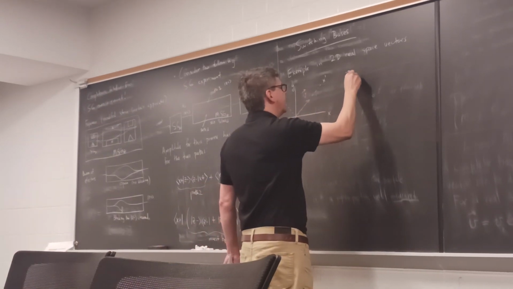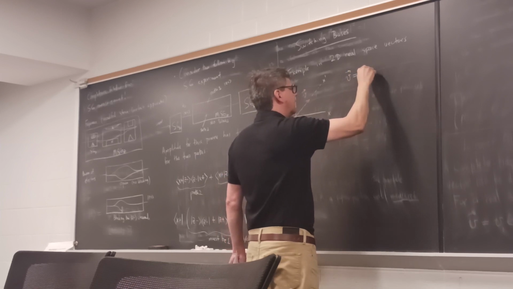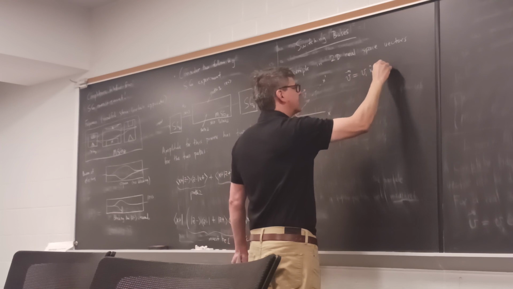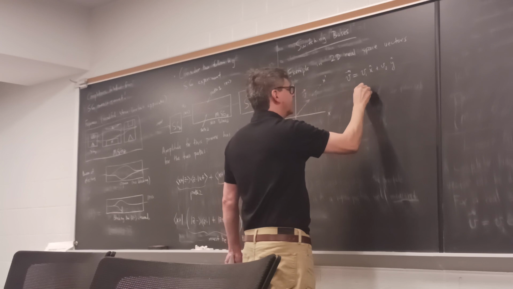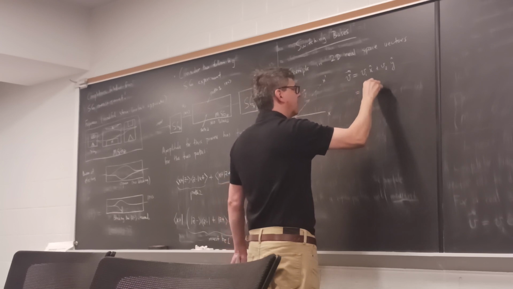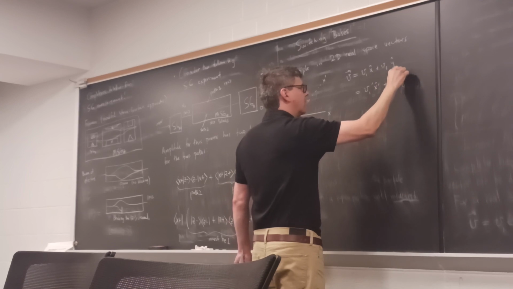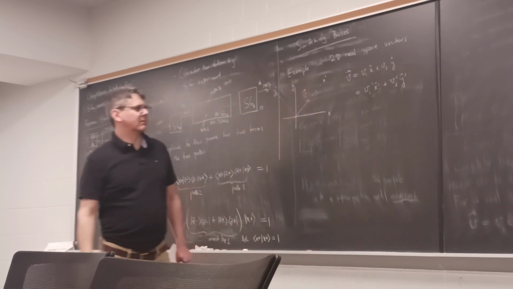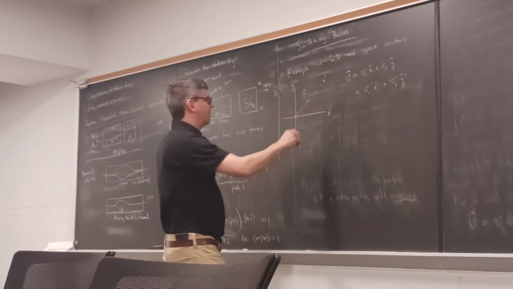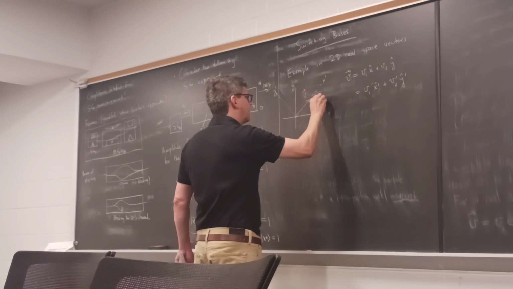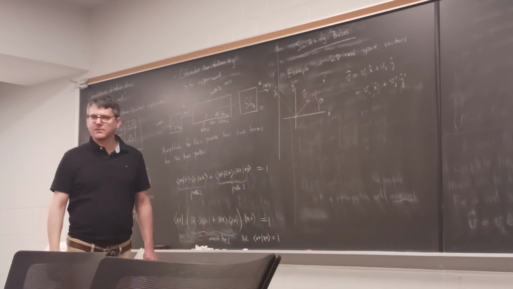So we can write V as V1 x hat plus V2 y hat, or we can write this also has to be equal to V1 prime x prime hat plus V2 prime y prime hat. And if there's some angle theta between the axes here, we know how to do this. This is just a rotation.